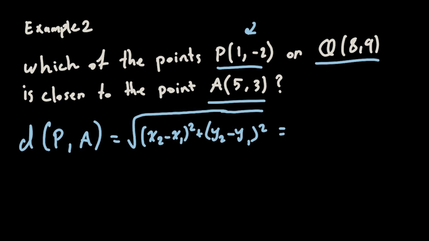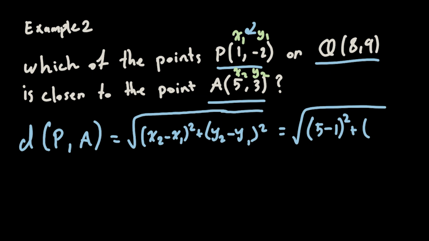Okay, so now we will just substitute. We will have the square root of, let me just name the points. This is x1, this is y1, this is x2, this is y2. So let's substitute. We have x2, which is 5, minus x1, which is 1, squared, plus y2, which is 3, minus y1, which is minus 2, squared.